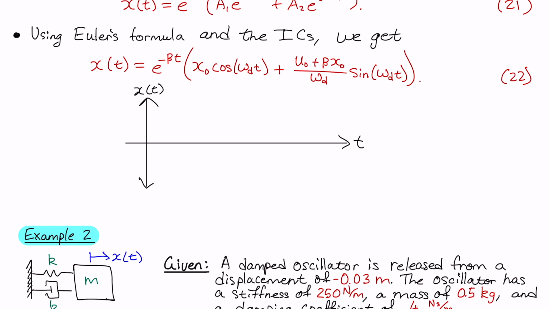We start off with that e to the minus beta term, which gives us some kind of amplitude. That's going to start high and then gradually approach 0. Let's say this is e to the minus beta t. This is what we can call the slow amplitude.